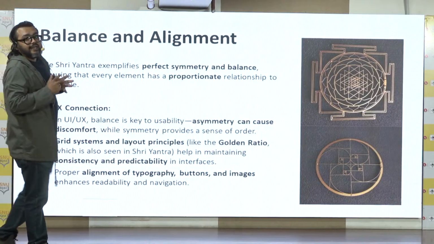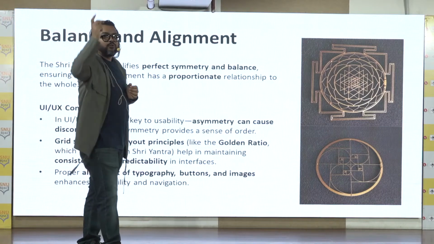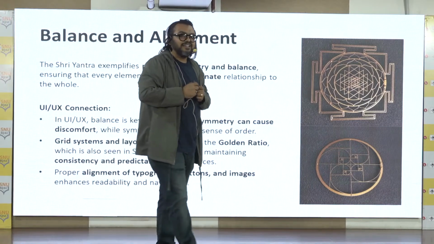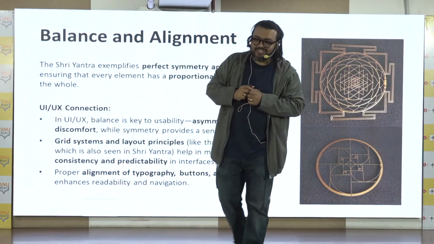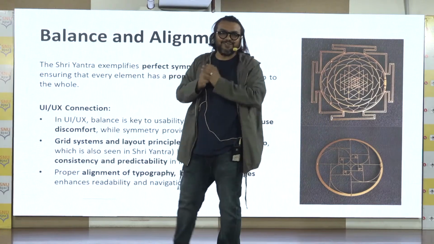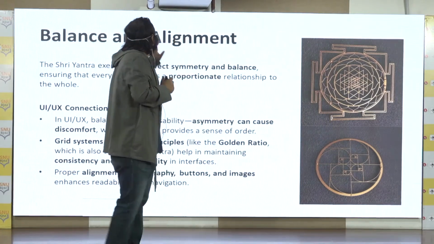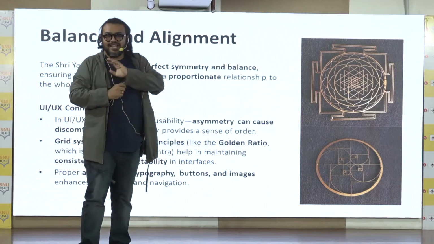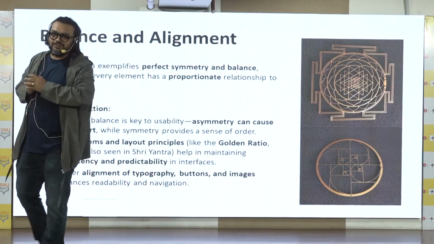Now, coming to the second and the most important, I can see two first years here from design. I know how Tanmoy sir has kind of pressured them a lot in terms of balance and understanding balance and alignment. And still you guys are wrong. It's okay.